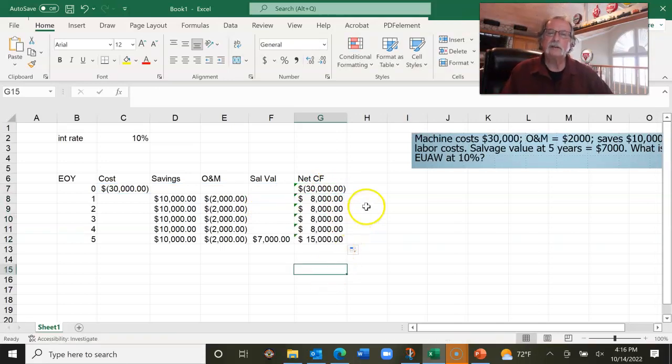So this should look similar to our example from the last present worth analysis. Now let's look at the PV factor.